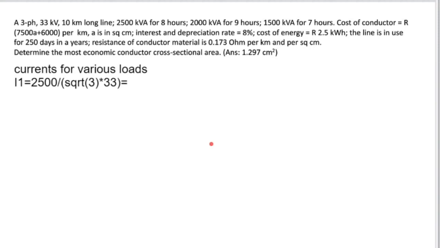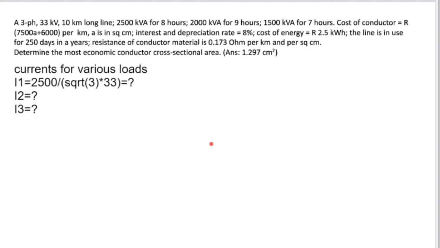So you can find out this current, and you find out I2 and tell me what value. You find out the value of I3 and you tell me what it is for each of them. The same formula we are going to use for I2 and I3, but the kVAs are different, 2000 and 1500 for the next two.